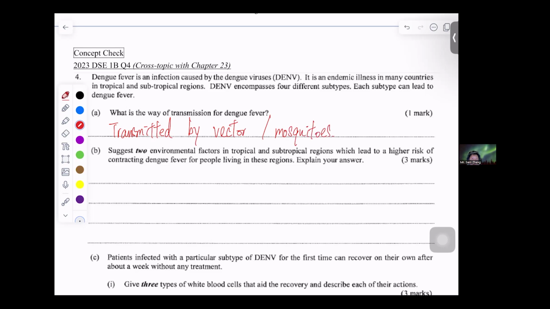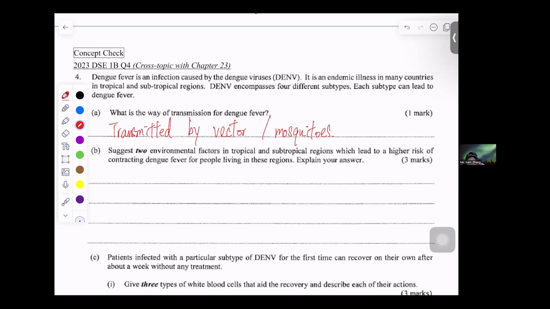Next, okay, suggest two environmental factors in the tropical and also subtropical regions which lead to a higher risk of contracting dengue fever for people living in these regions. So now, why do tropical and subtropical regions have a higher risk for contracting dengue fever?